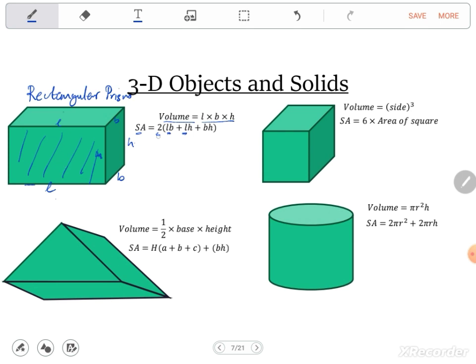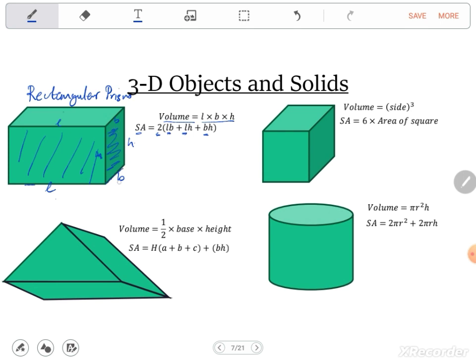So we are saying it's 2 times the length and the height because the front and the back are the same. And you notice that there is the breadth and the height. So the breadth and the height is this rectangle here, all right?